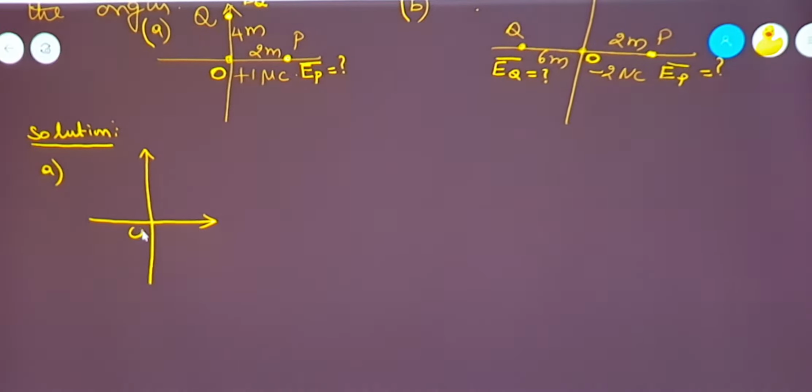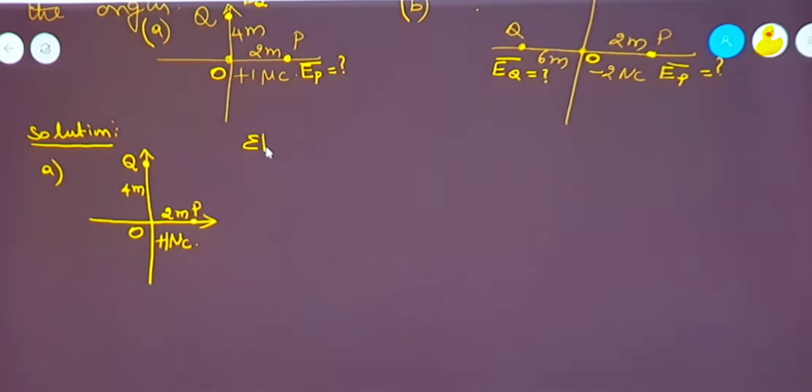At this origin, I am having a charge plus 1 microcoulomb. 2 points, one of the point is here, P, which is at a distance of 2 meters. Another point here, let us consider it as Q, which is at a distance of 4 meters from the origin.